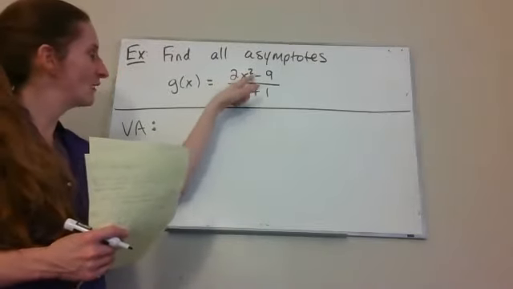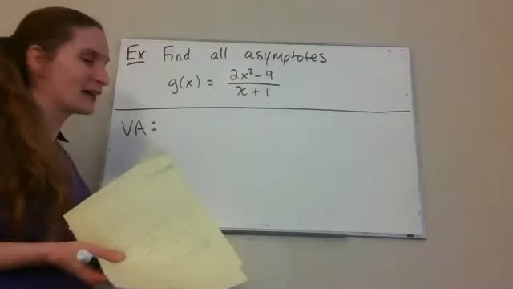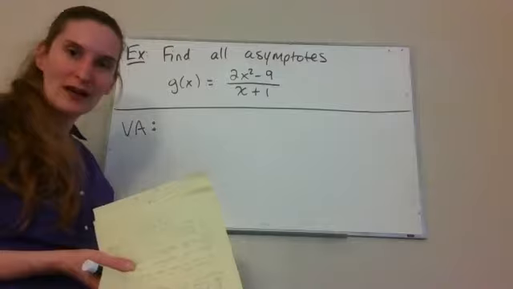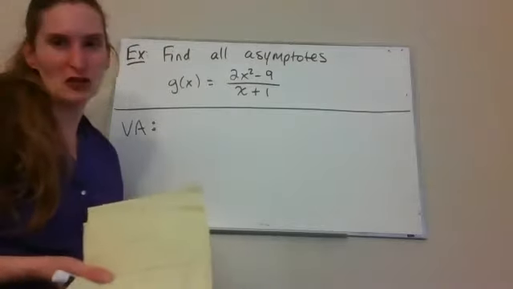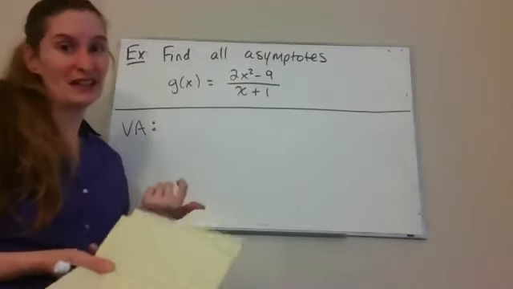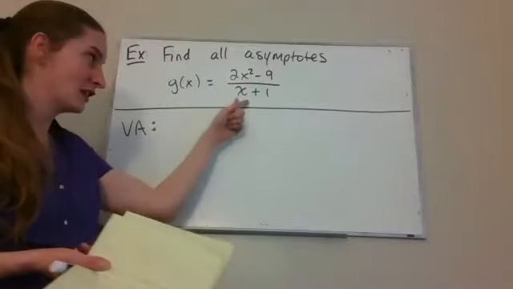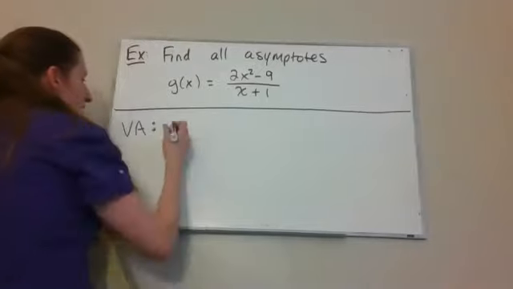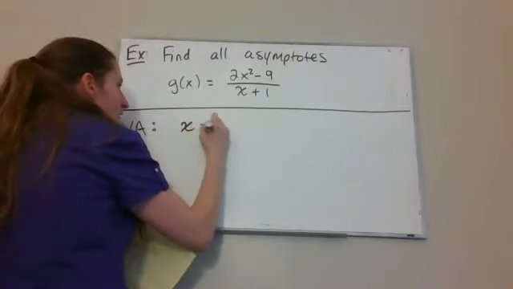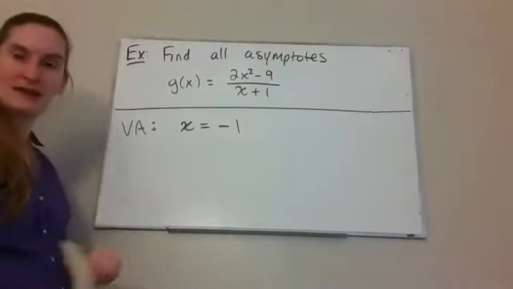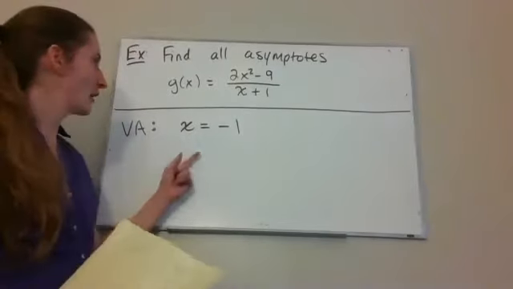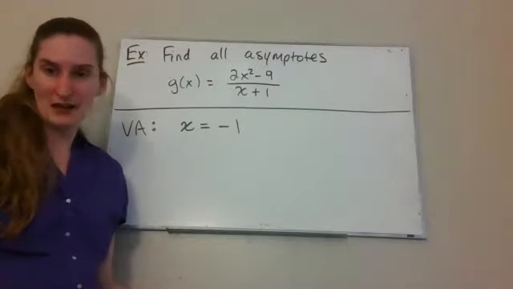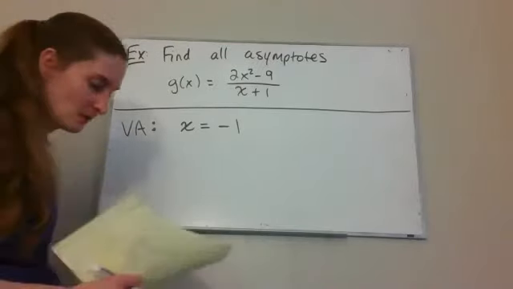Well, this 2x squared minus 9, if I try to factor it, I'm going to have to do some really complicated difference of squares involving a square root of 2. It doesn't factor very nicely, and it definitely does not have x plus 1 as a factor. So I know that my vertical asymptote is just where I divide by 0: x equals negative 1. Notice when I plug that negative 1 into the top, it's not 0 in the top. That's why I know that that's not a common factor.